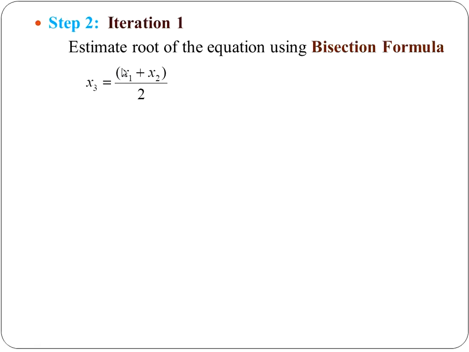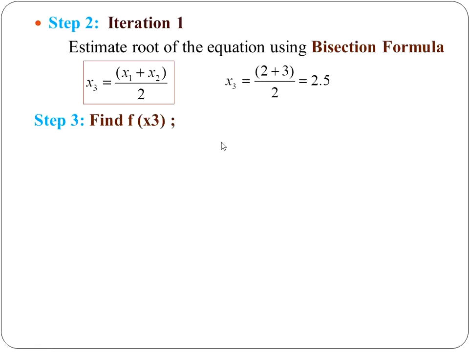Here x1 is the first initial guess and x2 the second initial guess. Because it is the bisection, we are using 2 here, and you will get the new root, that is x3. After putting the values in the formula, you will get the new root 2.5, so x3 is 2.5.